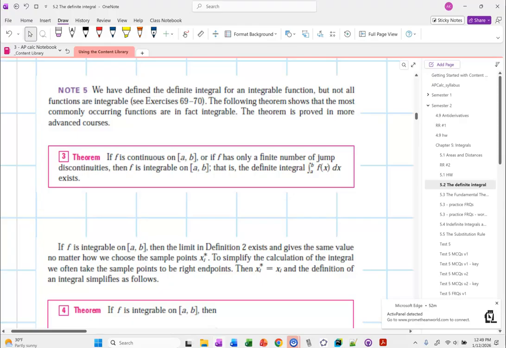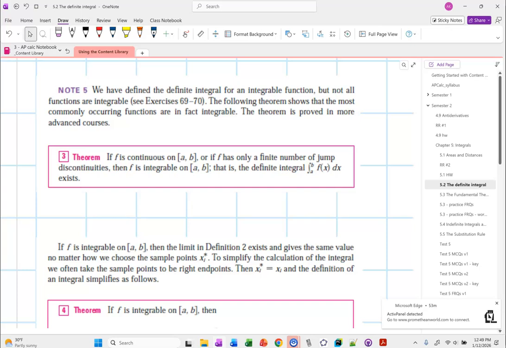So we defined what we mean by the definite integral for an integrable function, right? But not every function is going to be integrable. So let's talk about that.